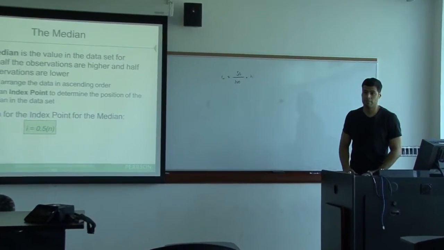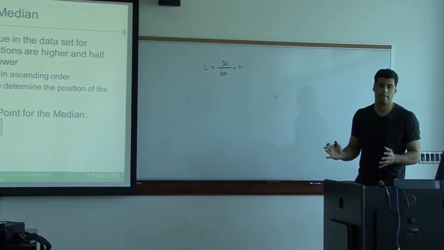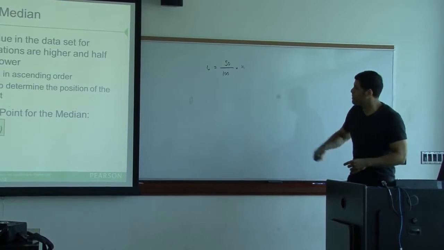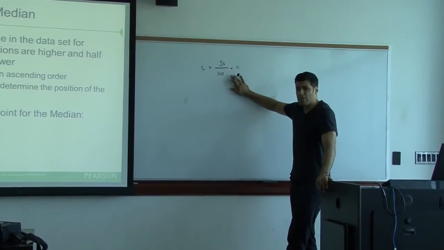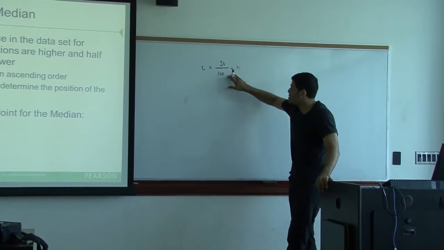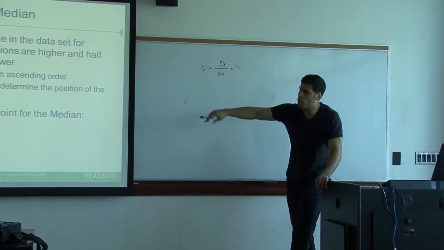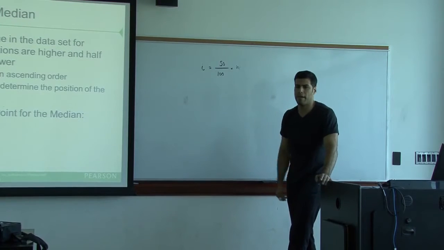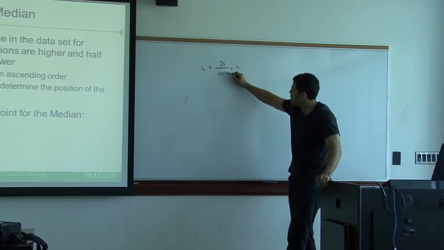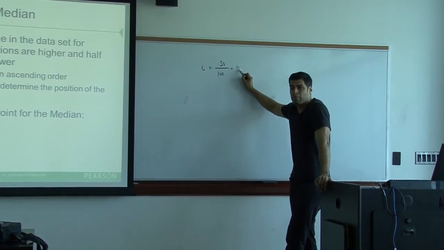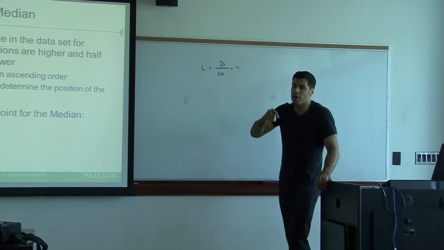Now, there's a reason why I'm writing it that way. Because once we look at percentiles, then we can use the same thing or something similar to this. So whether you look at it this way or that way, that works. It's the same thing, 50 divided by 100. So take 50 divided by 100 times the sample size. That's going to be where the median is located.